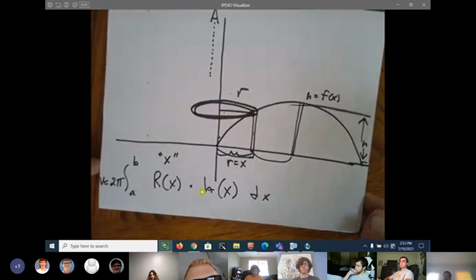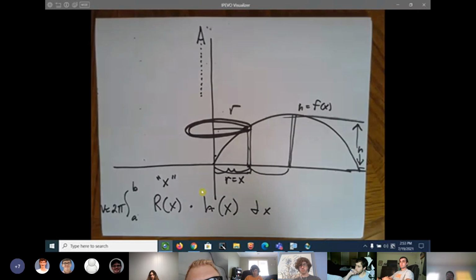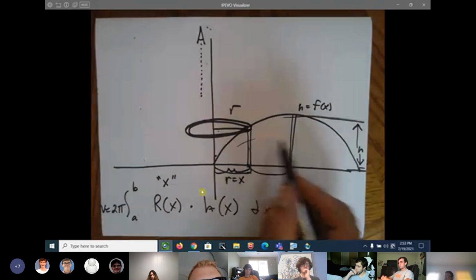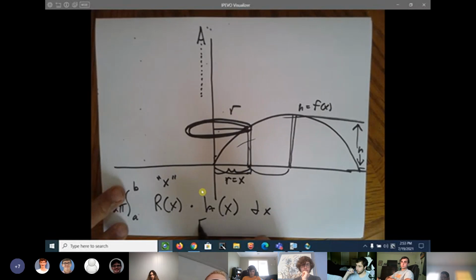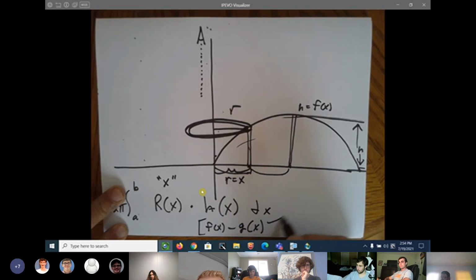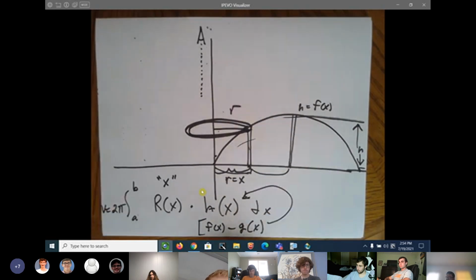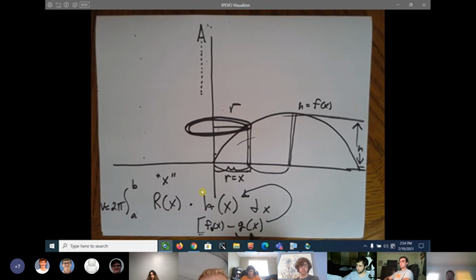Now, the only other thing I want to throw in here is if you have another function here, then you're going to have to subtract f of x minus g of x for h of x for your height. So if you have two functions, you got to find out your outer radius minus your inner radius and subtract them, just like we've been doing.